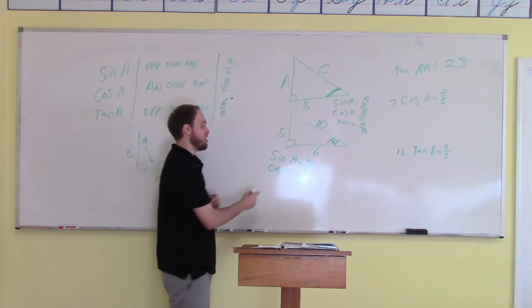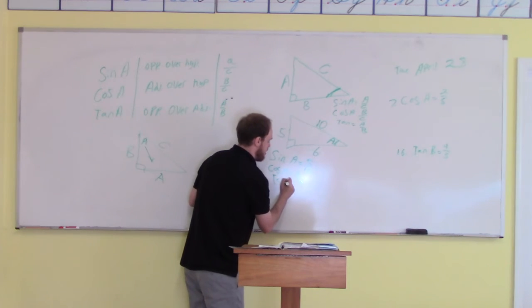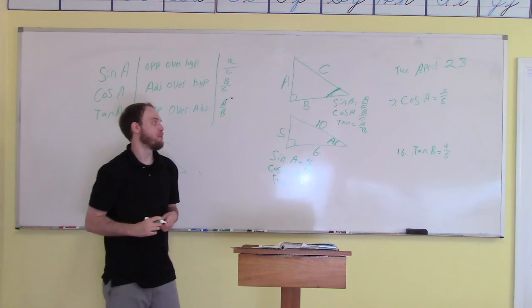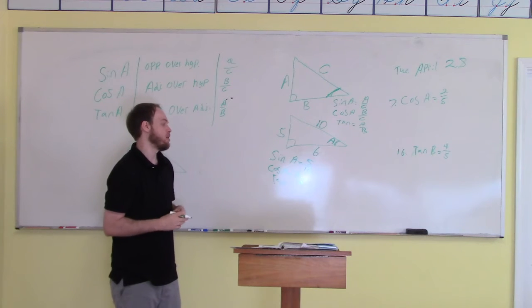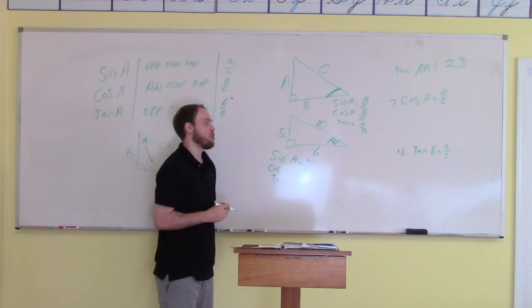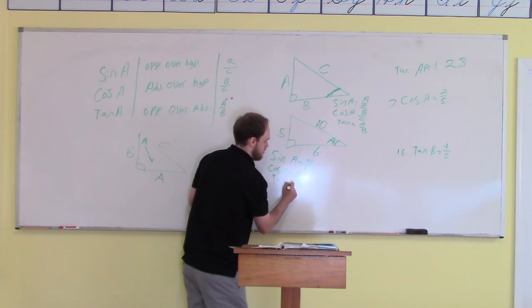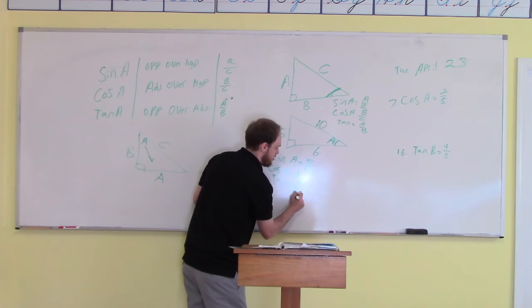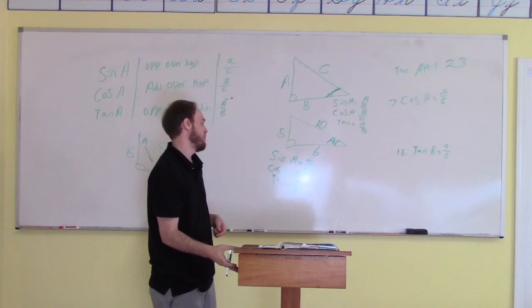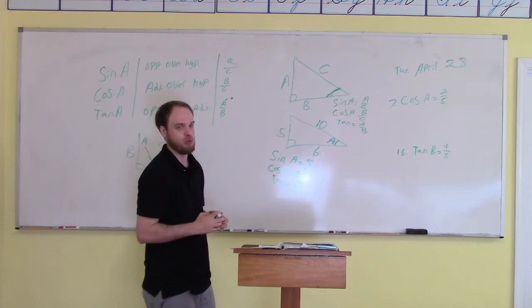And then tangent is opposite over adjacent, so you do the opposite, which was 5, over 6, which was the adjacent. So 5 over 6 should be the tangent for the one on the board.